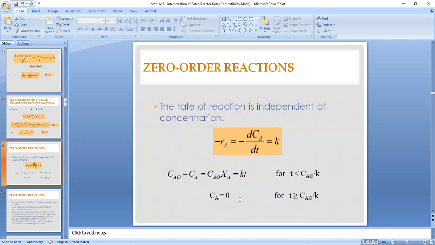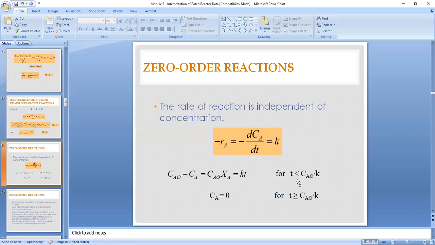So you have to test first, class, if the time which is given in the problem wherein you are to determine the concentration is less than CaO, the initial concentration, over the rate constant. So you first solve CaO over K, and compare it with the time in which the problem is asking you to determine the Ca.